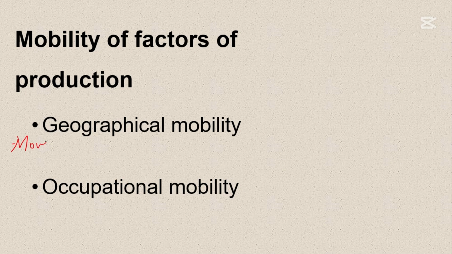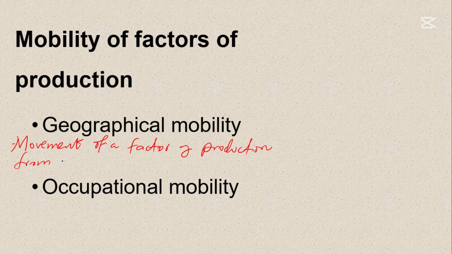Geographical mobility is basically whereby we have movement of a factor of production from one area or region to another.